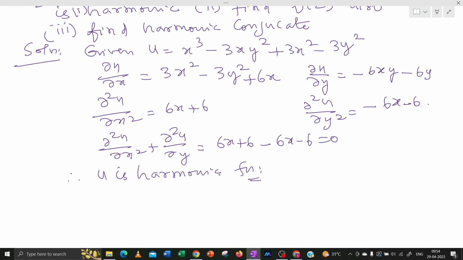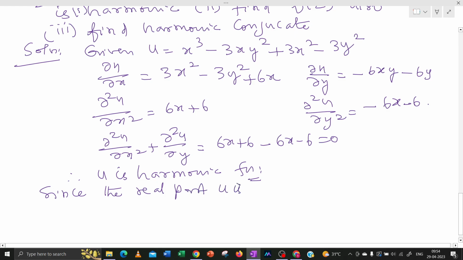Second one is you have to construct the analytic function f of z. Since the real part u is given, we use the Milne-Thomson method.